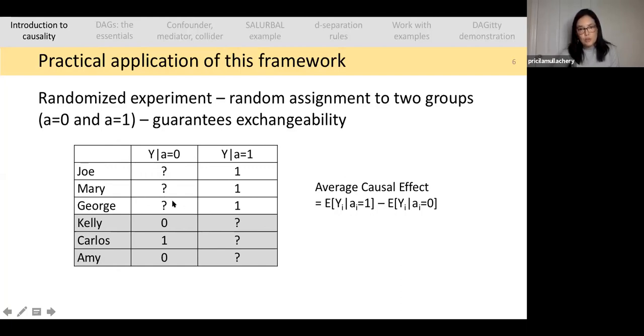The treatment group looks like the control group in every way except for the fact that the treatment group received the treatment, meaning the aspirin. This is called exchangeability, okay? The fact that they are comparable in each way.